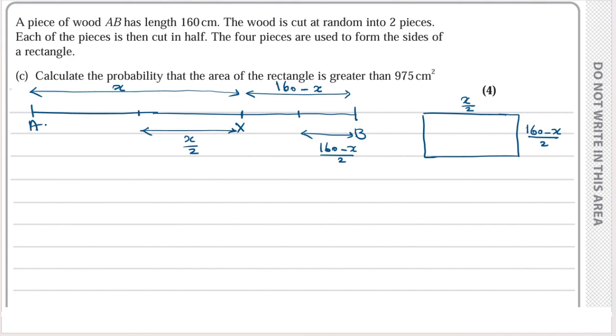So we want the area of the rectangle. The area of the rectangle is X over 2 times (160 minus X) over 2. And we want it to be greater than 975.